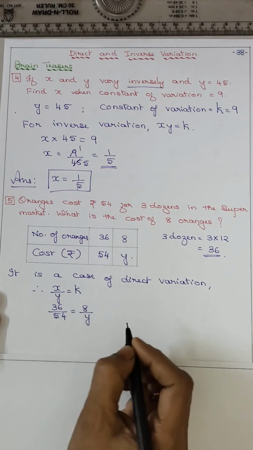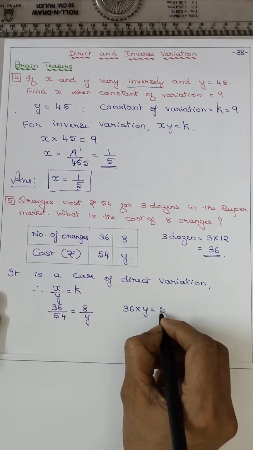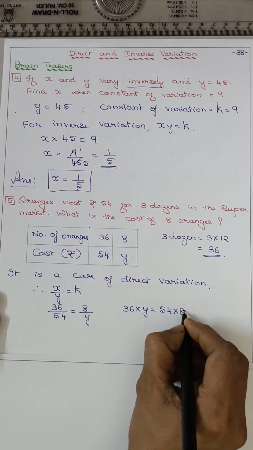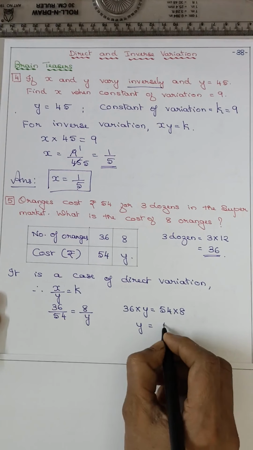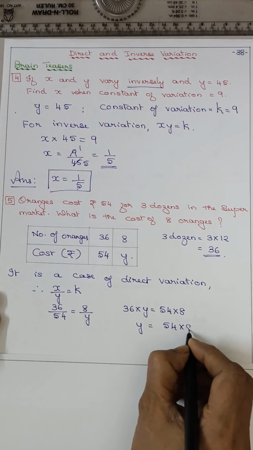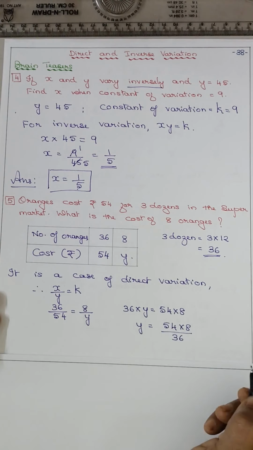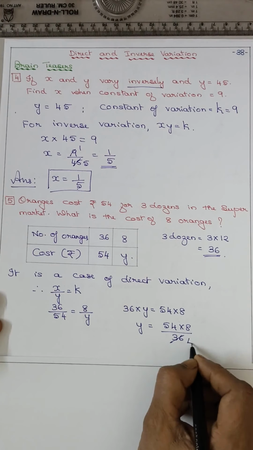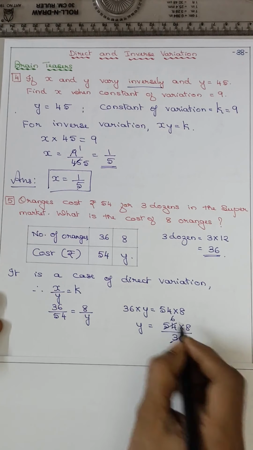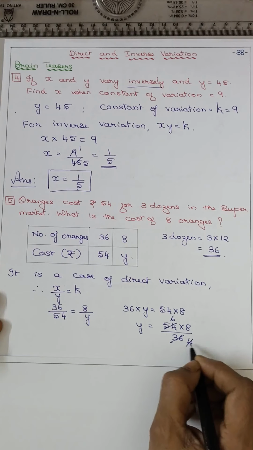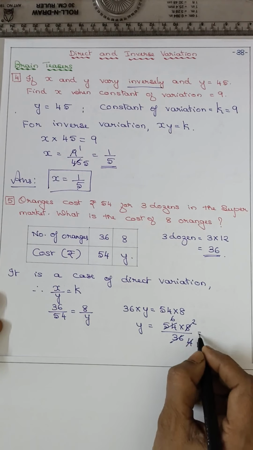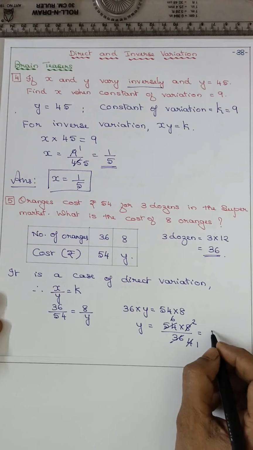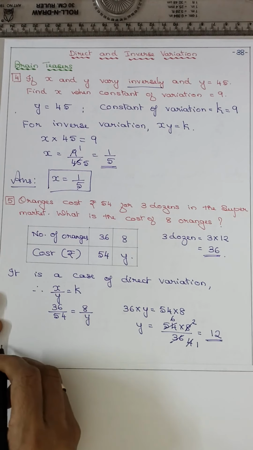So, when you cross multiply, it will be 36 into y is equal to 54 into 8. So, y is equal to 54 into 8 upon 36. Now, 54 and 36, they are in the table of 9. 9 4s are 36, 9 6s are 54. 4 1s are 4, 2s are 8, 6 2s are 12.